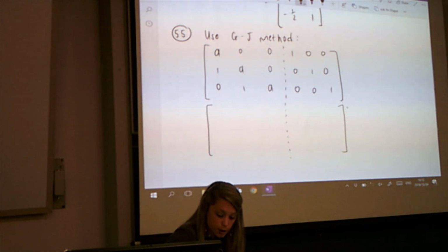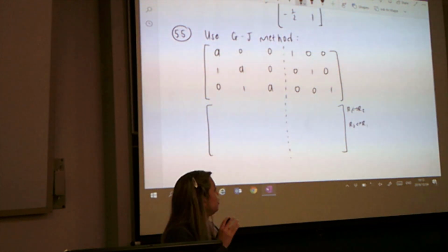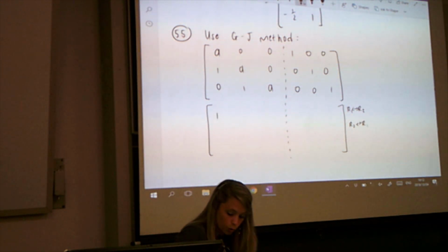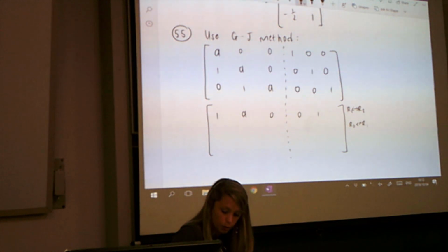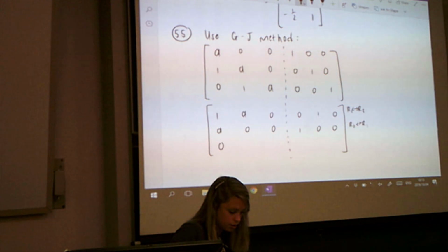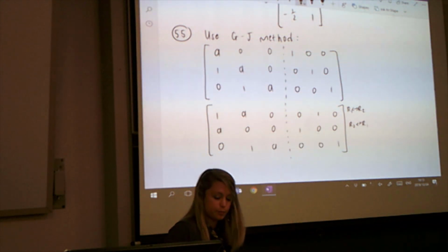So I'm just switching rows 1 and 2, so that I can have a 1 in my top left hand corner. Then I have 1, A, 0, 0, 1, 0, A, 0, 0, 1, 0, 0, 0, 1, A, 0, 0, 1.